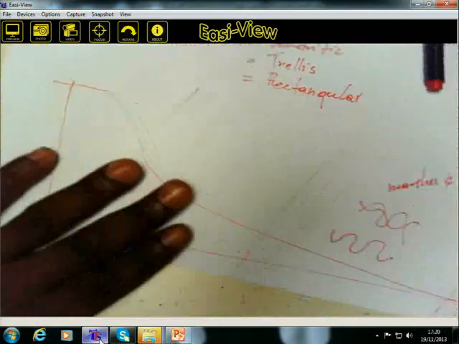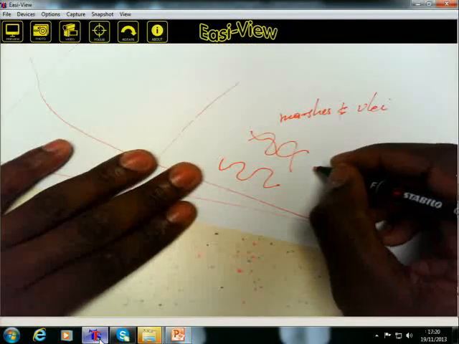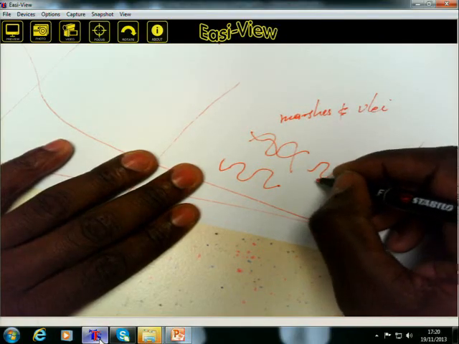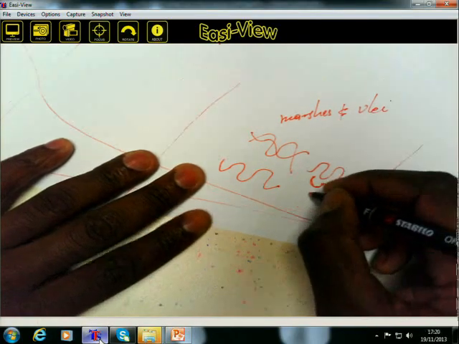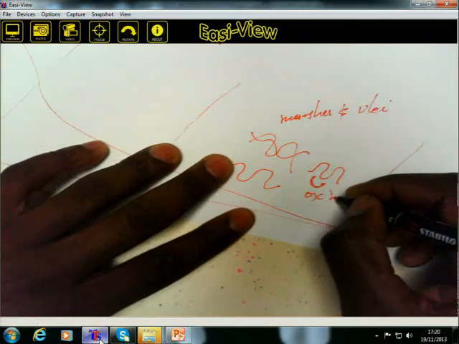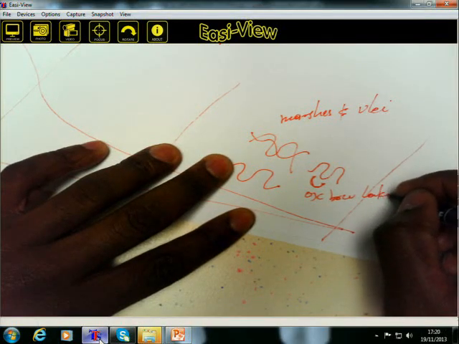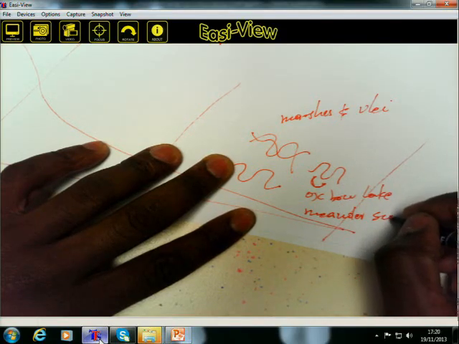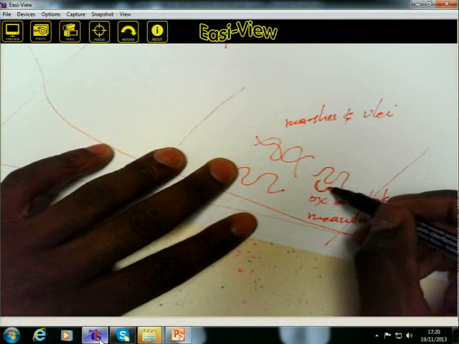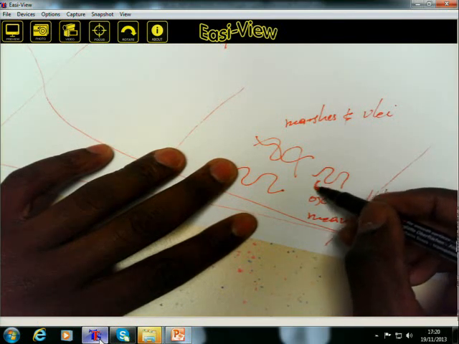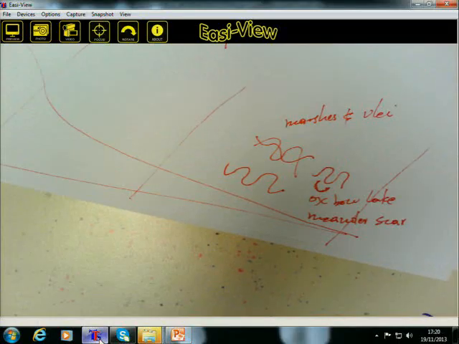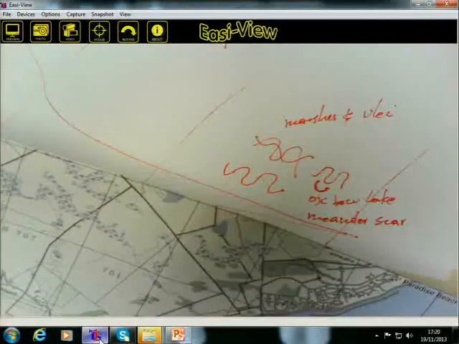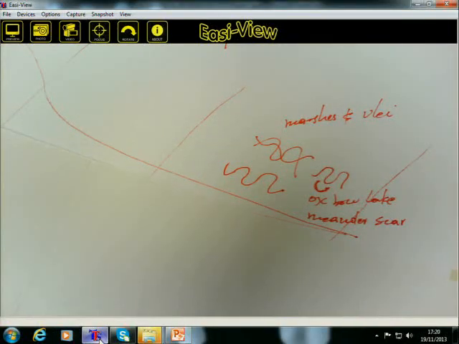Then you've got your cut-offs, which is either your oxbow lake or your meander scar. Your cut-offs should speak to you if there are any when you look at your map, where it has been subdivided and further subdivided to give you a cut-off that you will recognize easily on that map.